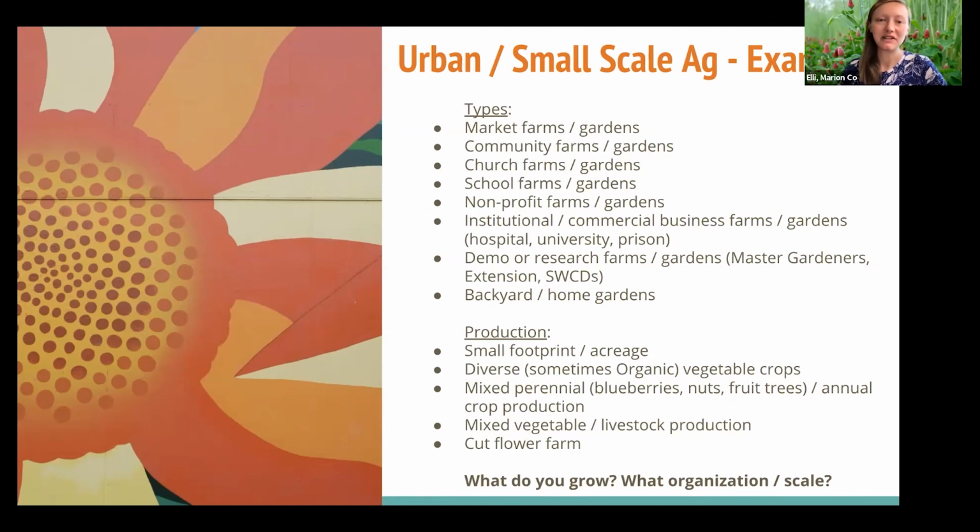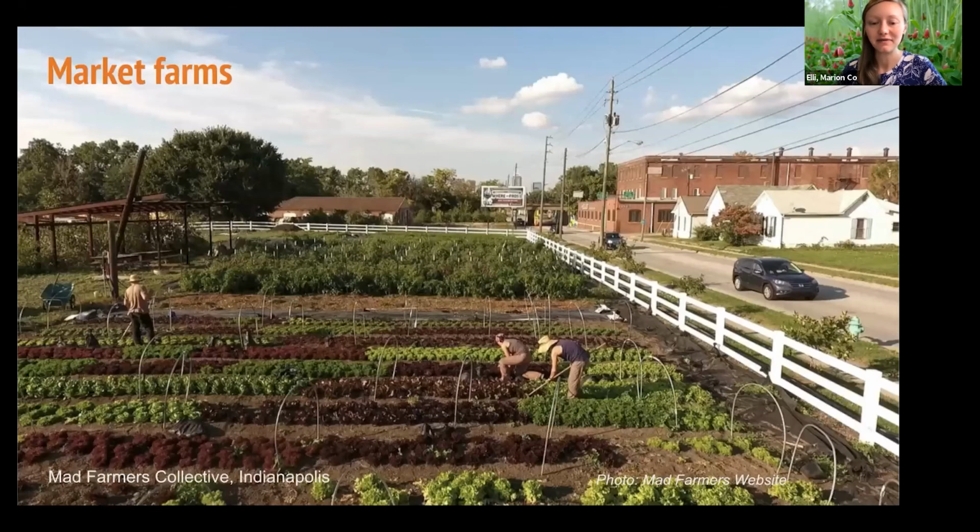So I'll move on and just show some quick photos of a few different activities, a few different scales, just as a reminder for all of us that no matter where you're at, what you're doing, soil health can be a focus. So here's an example of a 1 acre intensive market farm downtown Indianapolis, where they are growing vegetables for market.